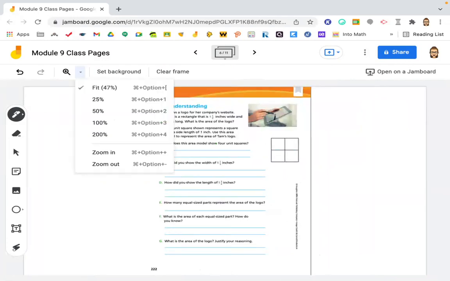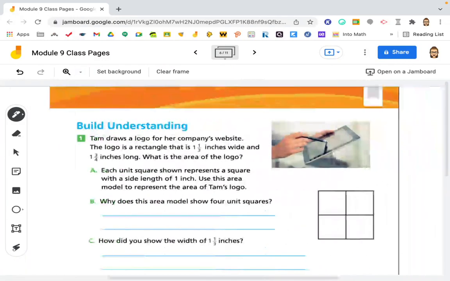Okay, so if we look at the next page, it says Tam draws a logo for her company's website. The logo is a rectangle that is 1 1/3 inches wide and 1 3/4 inches long. What is the area of the logo? It says each unit square shown represents a square with a side length of 1 inch. Use this area model to represent the area of Tam's logo.